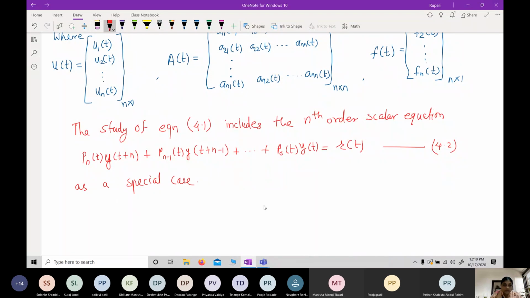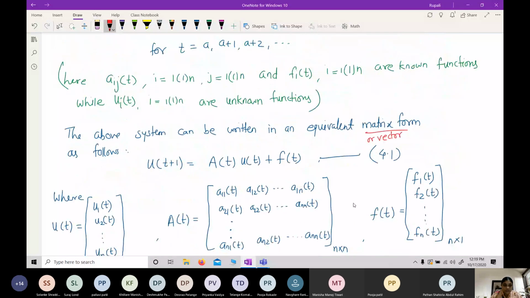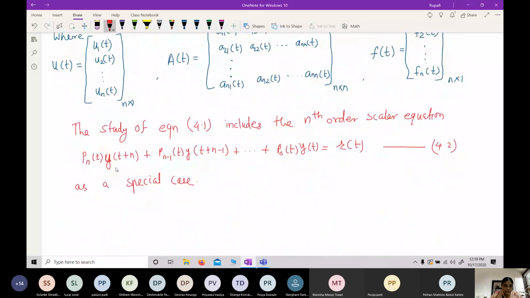So if we study this 4.1, it is nothing but the study of this scalar equation.